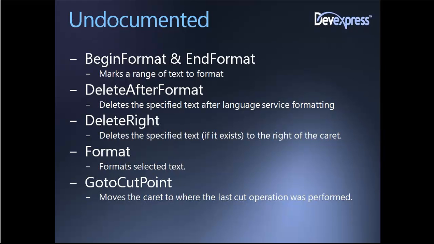What we needed to do was put something on that line, essentially a comment, and then after the format was done, we would go in and delete that text. So delete after format allows you to put in some kind of comment that won't impact reformatting, and after the template expands and language service formatting is called, it will remove that piece that you put in. Delete right deletes the specified text if it exists to the right of the caret.